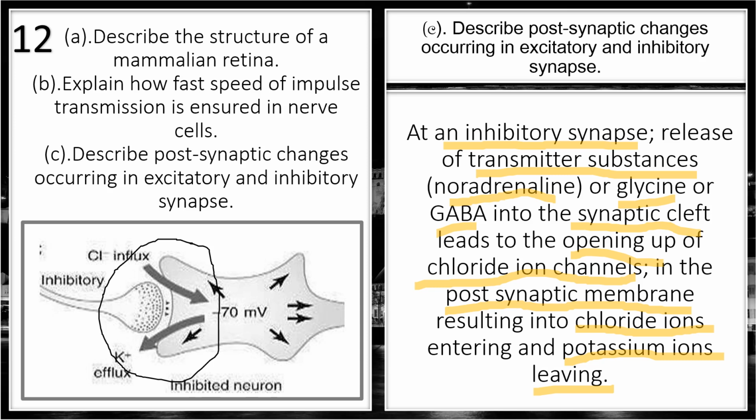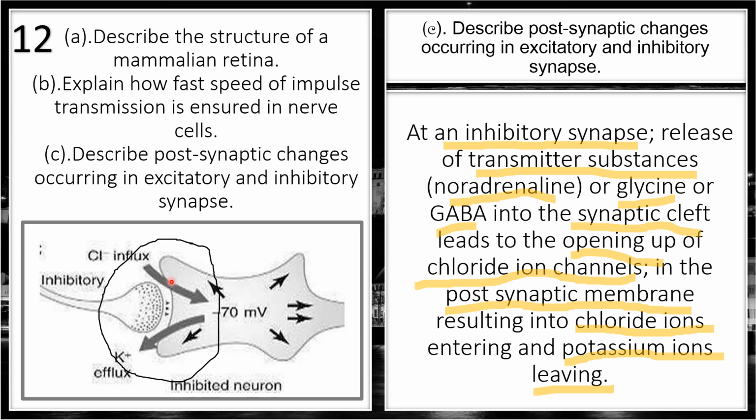When the transmitter substance is released, and the transmitter substance which is released is noradrenaline, this noradrenaline is going to cause the postsynaptic membrane to open up the chloride ion channels.